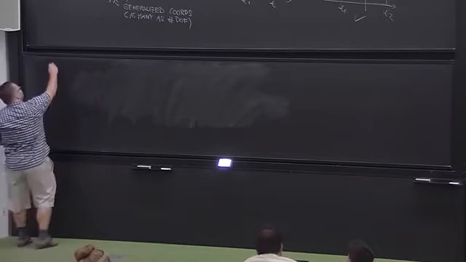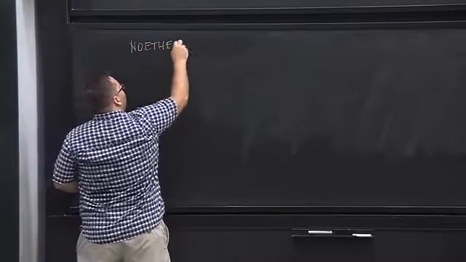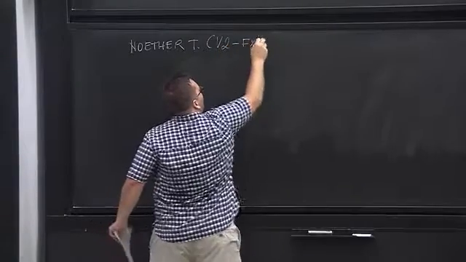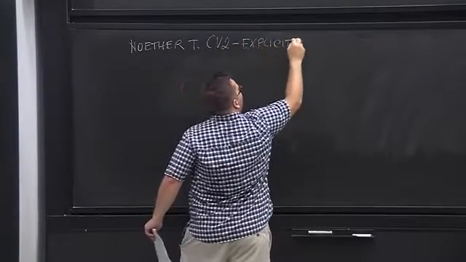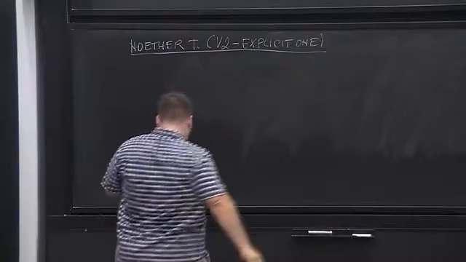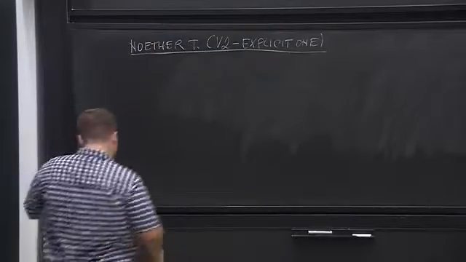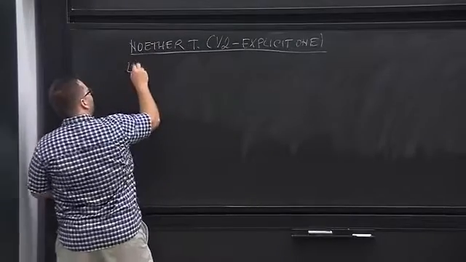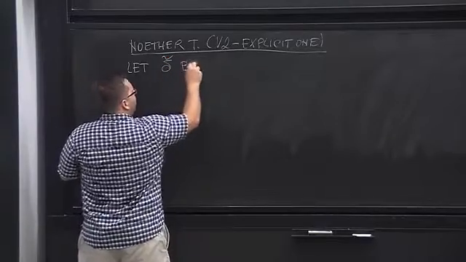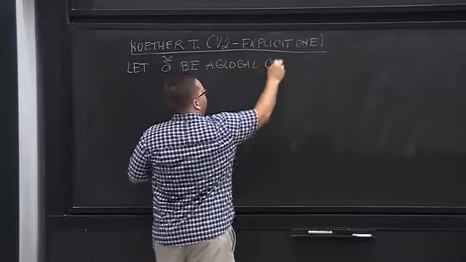So Noether's theorem version 2, which would be the explicit one. Let delta tilde be a global continuous symmetry.